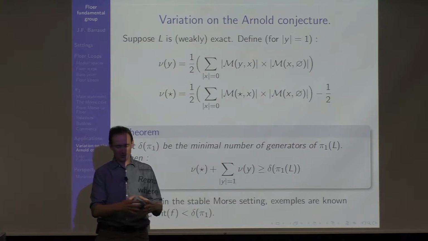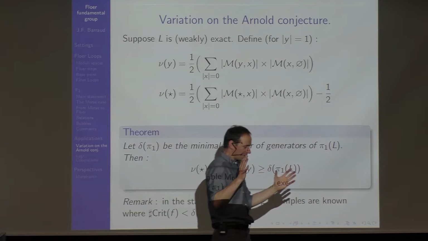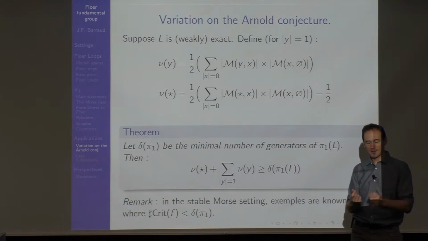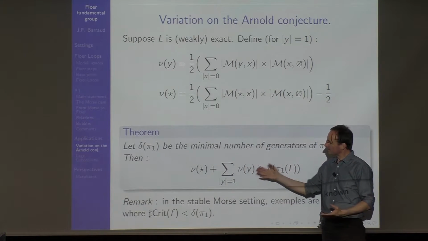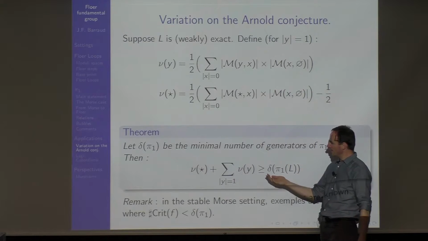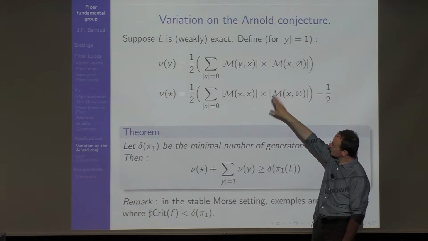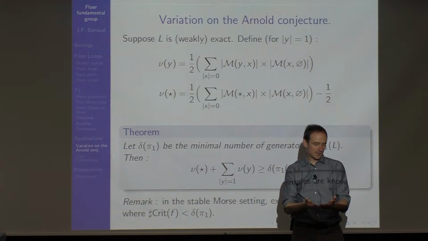But if you believe in the Arnold conjecture where you replace the Morse number by the stable Morse number, then you expect that this cannot hold without some multiplicity.